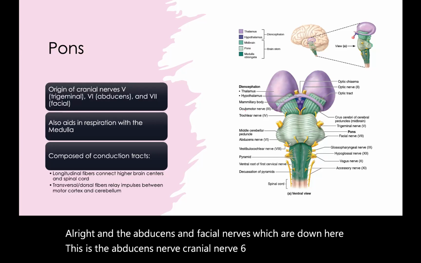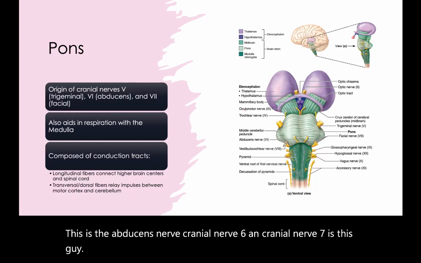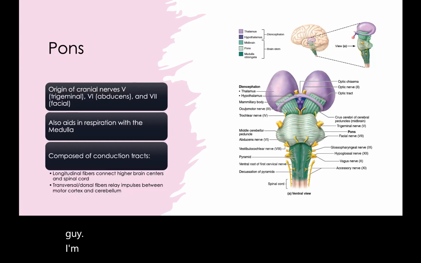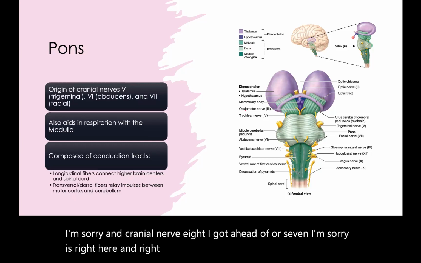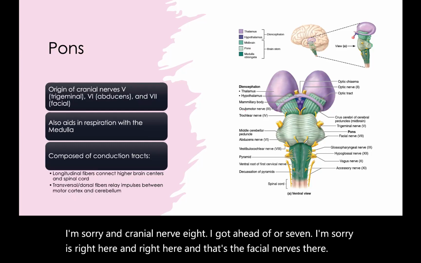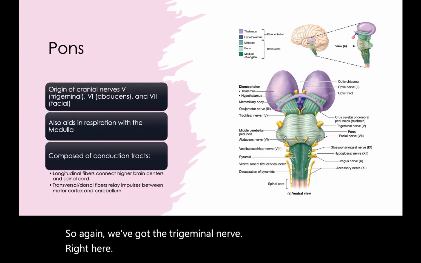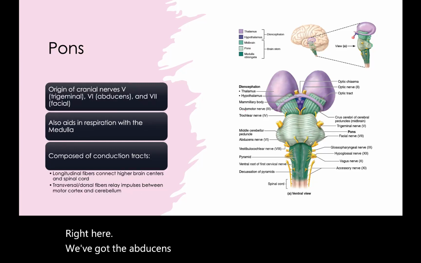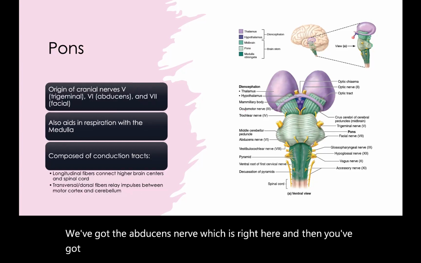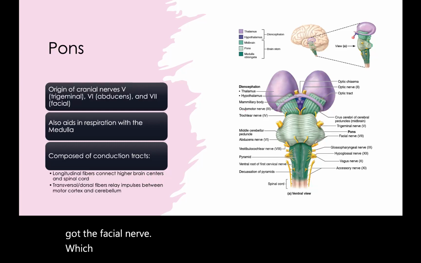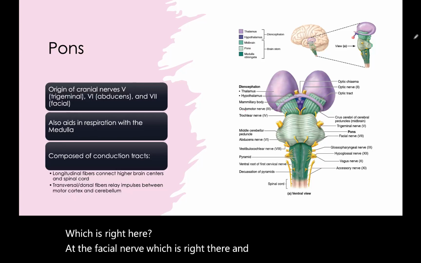And cranial nerve 7, I'm sorry, I got ahead of myself, is right here, and that's the facial nerve. So again, we've got the trigeminal nerve right here, the abducens nerve right here, and the facial nerve right here. They all originate within the pons.